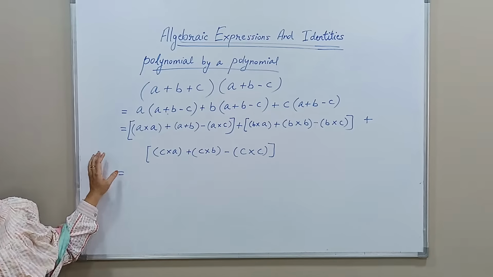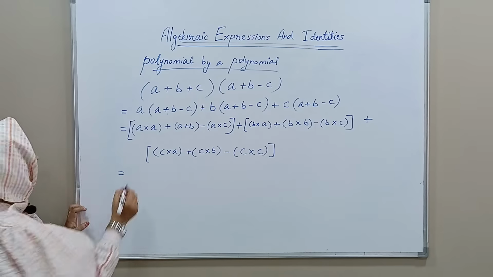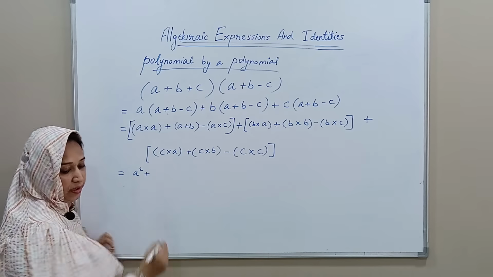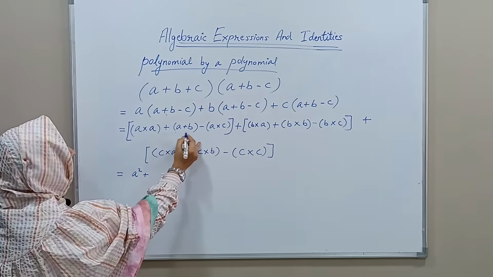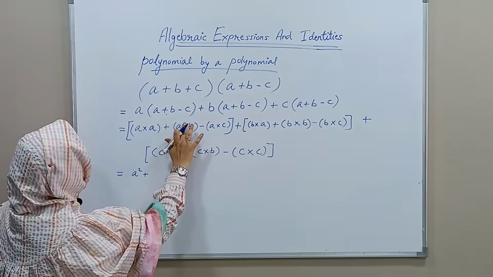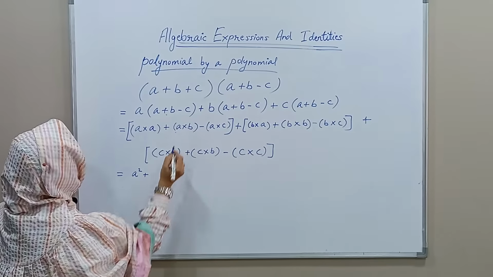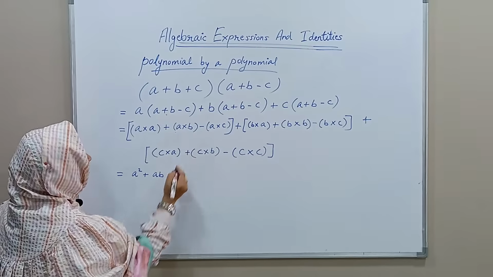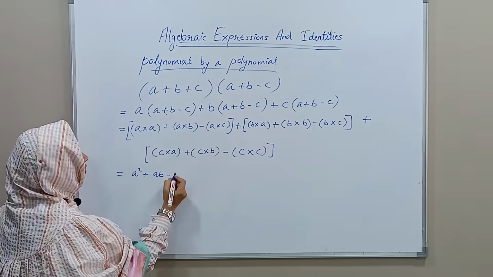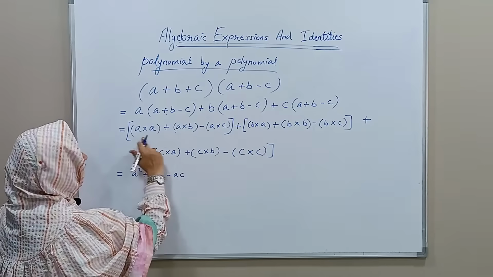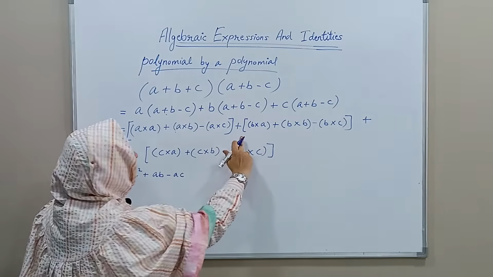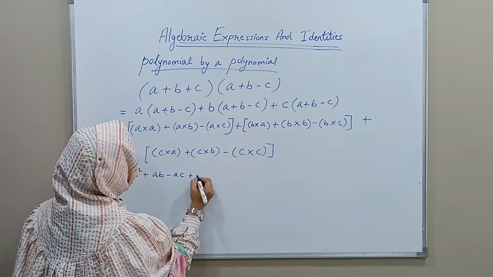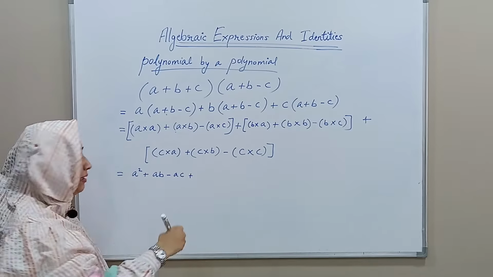Now simplifying this, let us start. A into a is a square, then a plus sign, then a into b is ab, then we have a minus sign, a into c, that is ac. We completed the first bracket, then a plus sign, so plus b into a is again ba, we can write it as ab.